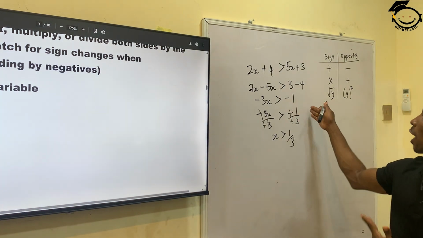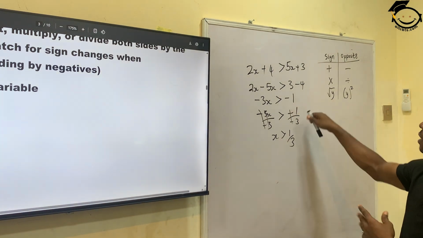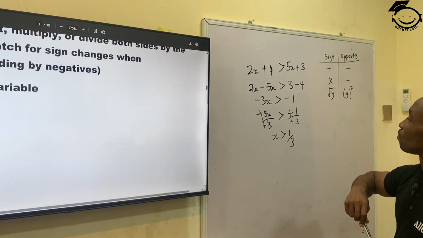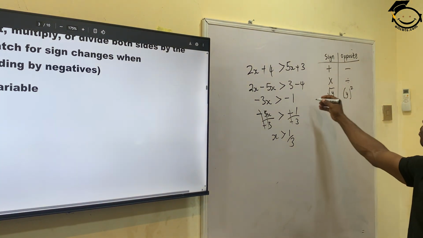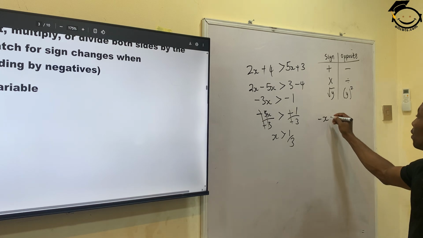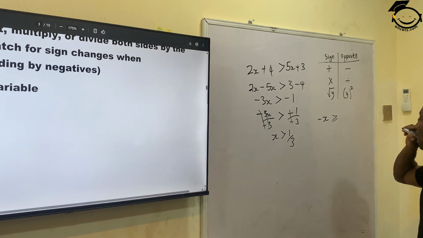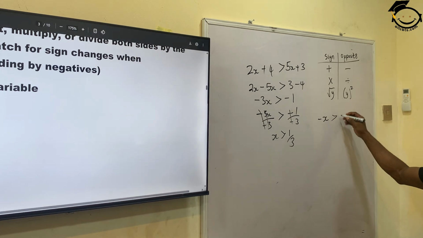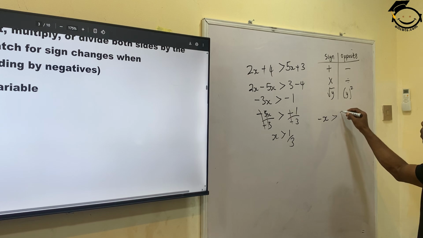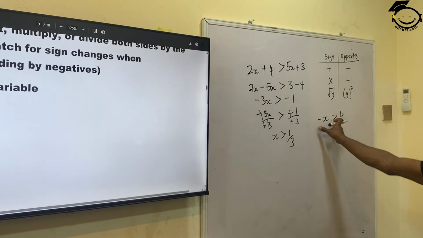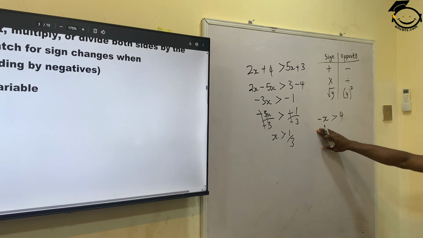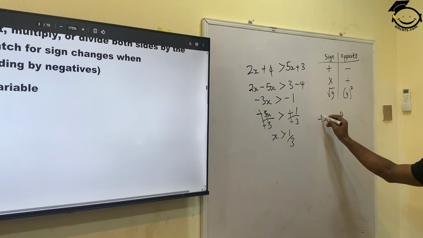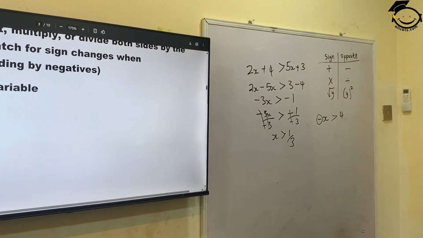For your sign to change, let's say we have a negative x greater than our positive 4. Okay, now in this situation, when we have a negative x, what do we do? We have to eliminate this minus by introducing a minus to the other side.